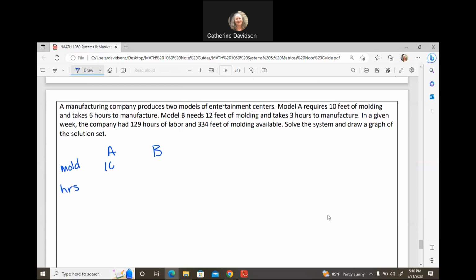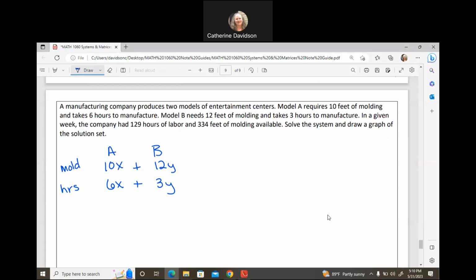Model A has 10 feet of molding and requires 6 hours to make. Model B needs 12 feet of molding and takes 3 hours to make. In a given week, the company had 129 hours of labor and 334 feet of molding available.